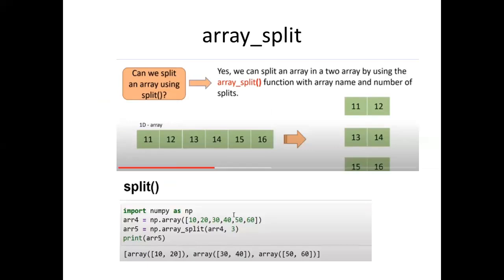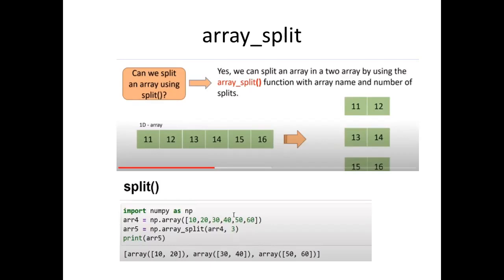Suppose I want to split it into 3 arrays, then you have to specify the number in the column field. Whatever is in the array_split function contains the number of rows and columns. So array 4 has number of rows 6, number of columns 6, and the number of arrays you want to split into is 3.